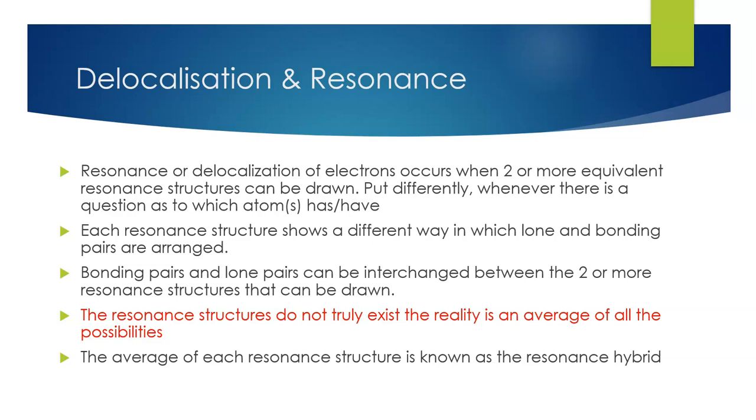So what we're talking about is electrons moving across our structures. And we've seen this already anytime we have something like an anion of a carboxyl.